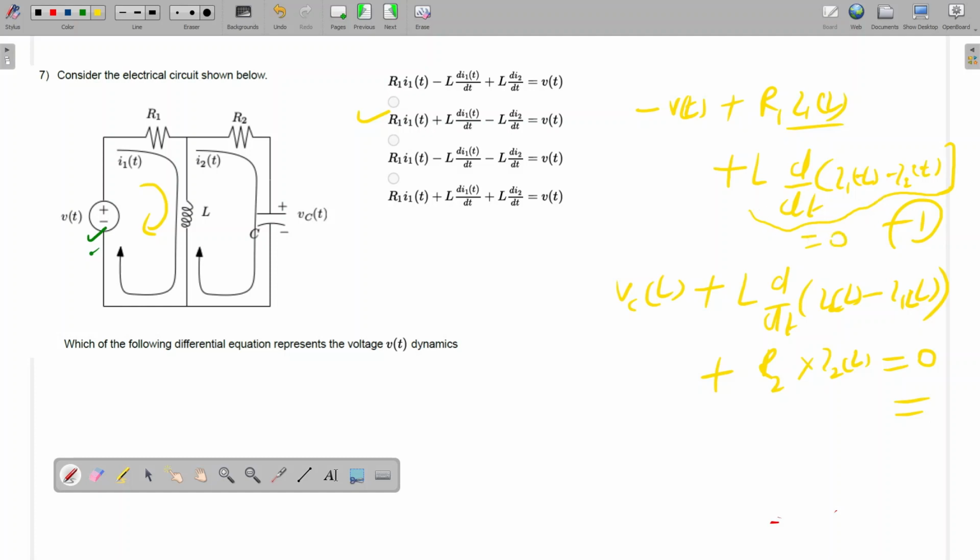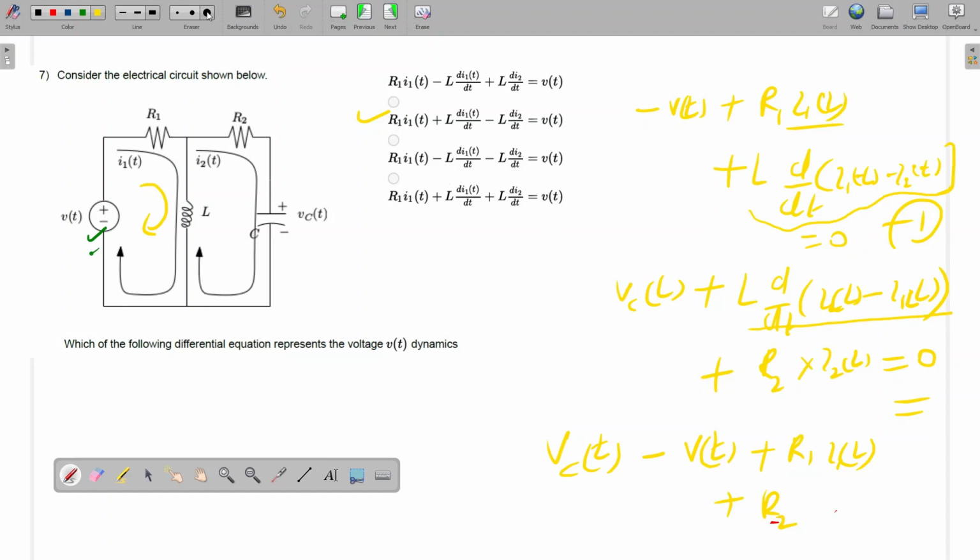So this value will be minus V(t) plus R1 I1(t), plus R2. What we have to do is minimize R2.